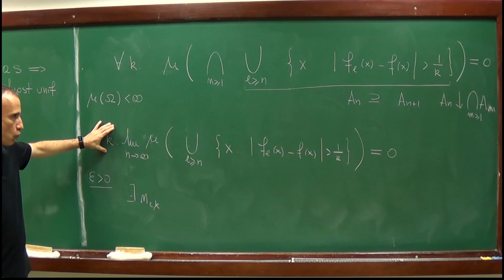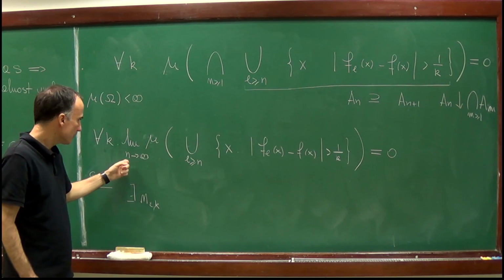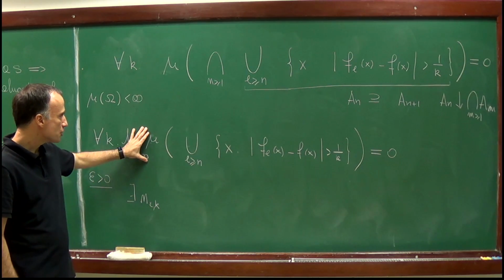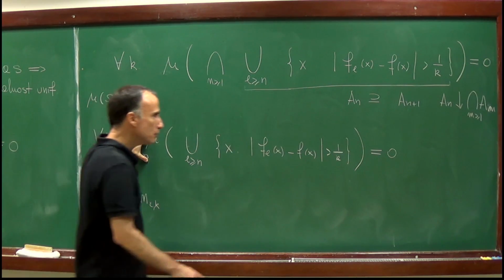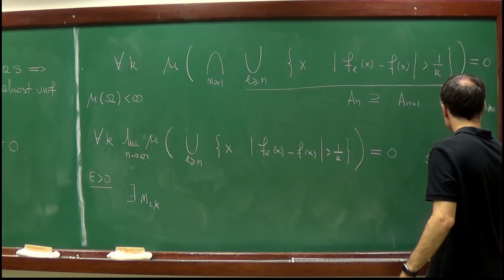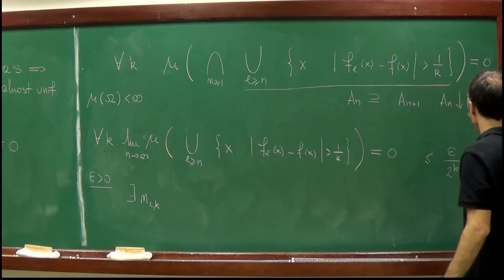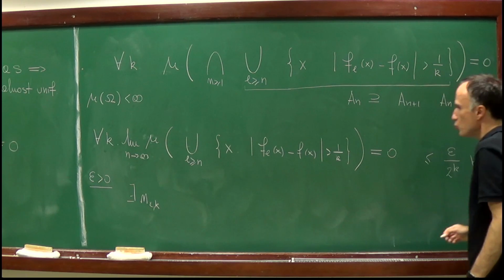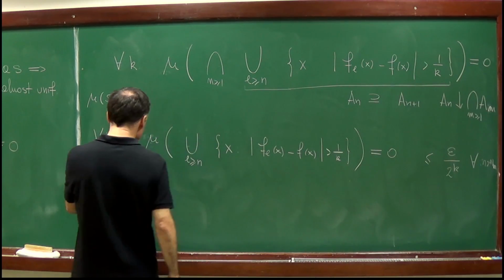Since this holds for all k, we can find n, which depends on epsilon and k, such that the measure of this set is bounded by, say, epsilon divided by 2k for all n larger than n epsilon k. So let me write that properly.